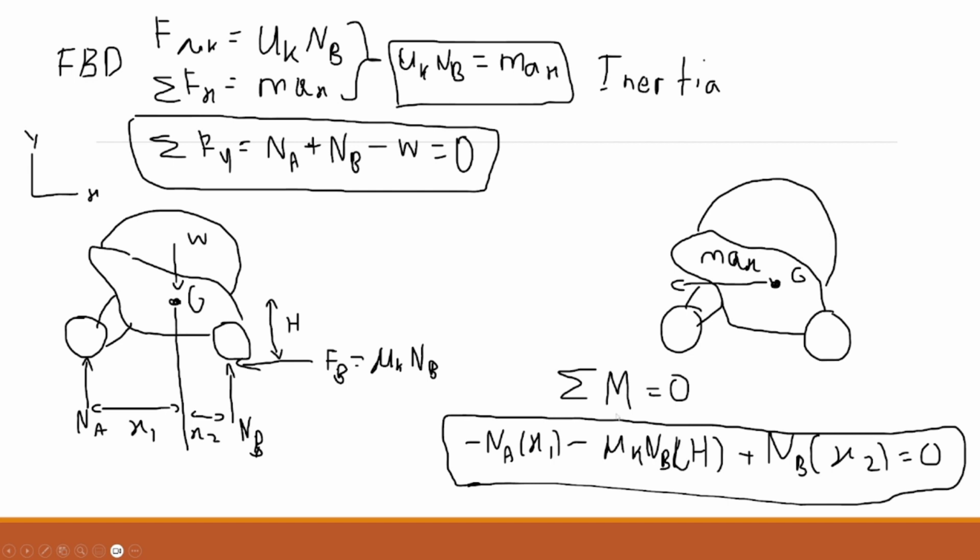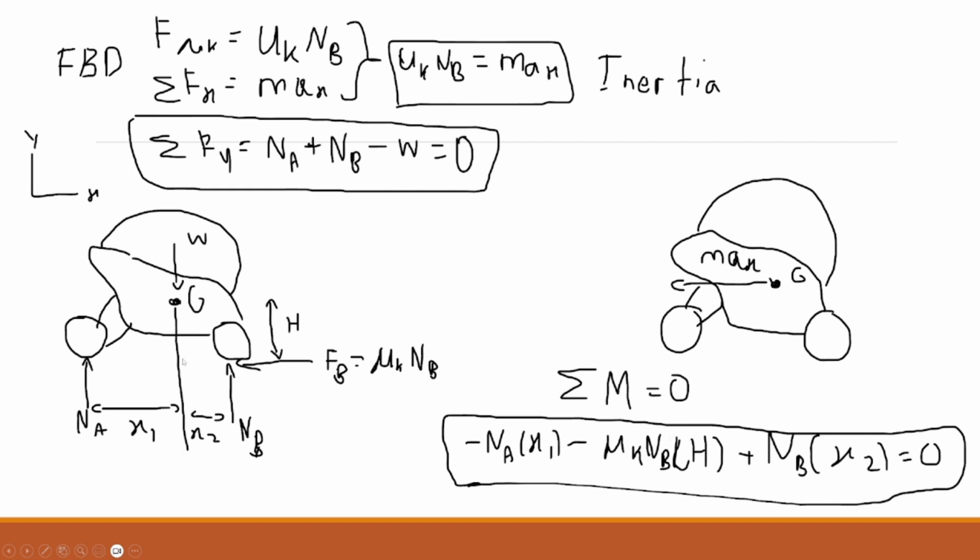And finally, we also have the moment of the entire system. We know the moment is equal to 0, and it is negative normal force of wheel A times the distance x1, and it's negative because it's going in the clockwise direction from point G. The same can be said about mu times the normal force of wheel B times the height.